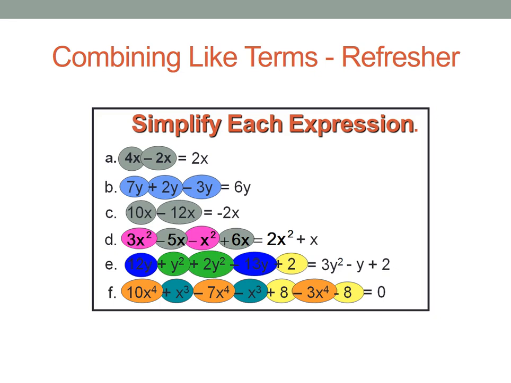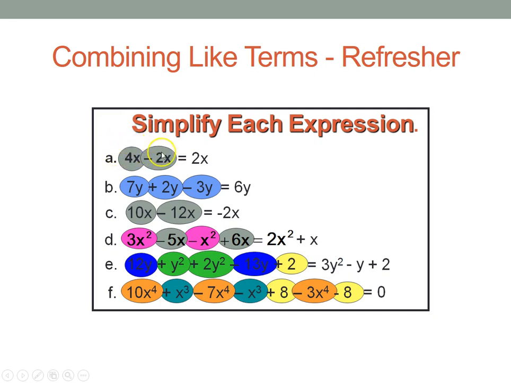Remember this slide from yesterday's video? I just wanted to do a quick refresher on combining like terms. So remember, when we see the same variable, we can then combine their coefficients and create an easier thing to look at.